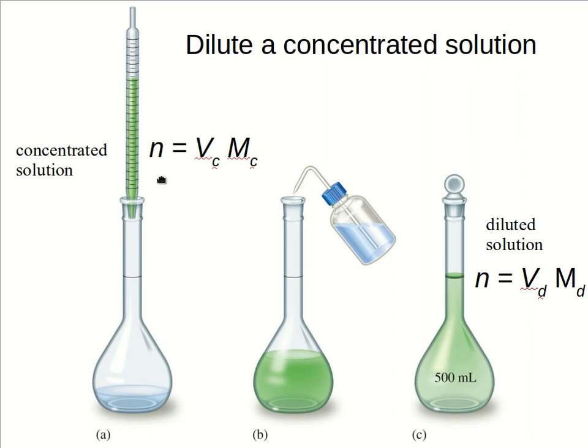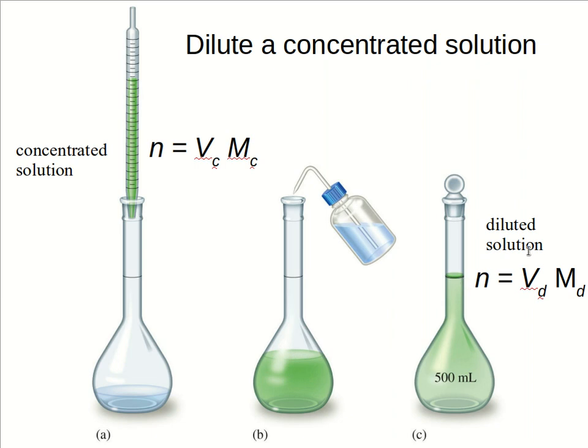So the number of moles you put into this flask can be directly calculated from the volume of the concentrated solution, which you can read off at the pipette, and the molarity of the concentrated solution, which is on the label of your stock bottle. So you know the moles you put in the flask. Then you do the normal dilution process: fill the flask up, swirl it around, fill it up until exactly to the ring.